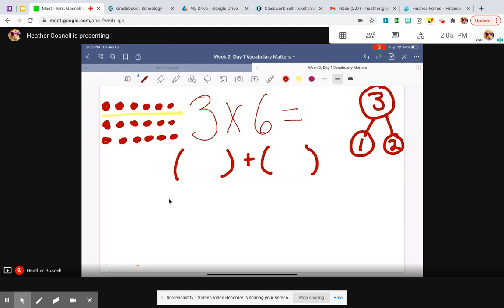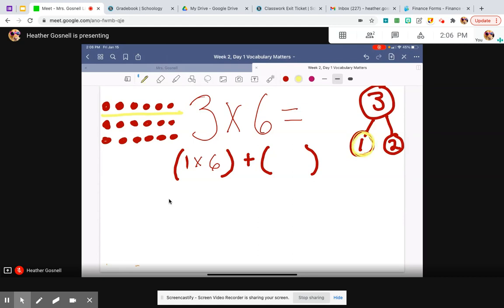So over here, let's start with what's above the line. Above the line, I have an array that shows 1 row of 6. I want you to notice something here. Where did that 1 come from? It came from over here. When I broke apart my 3, remember that 1?